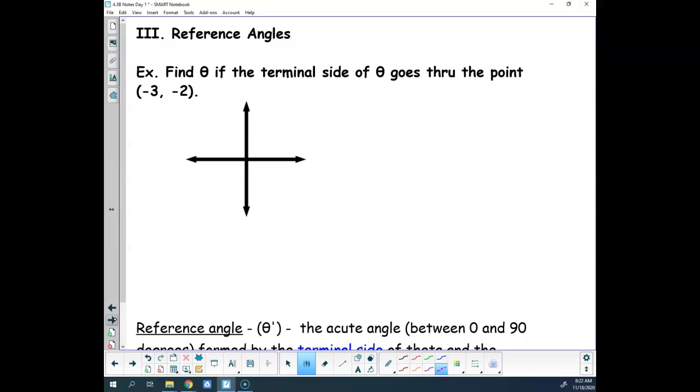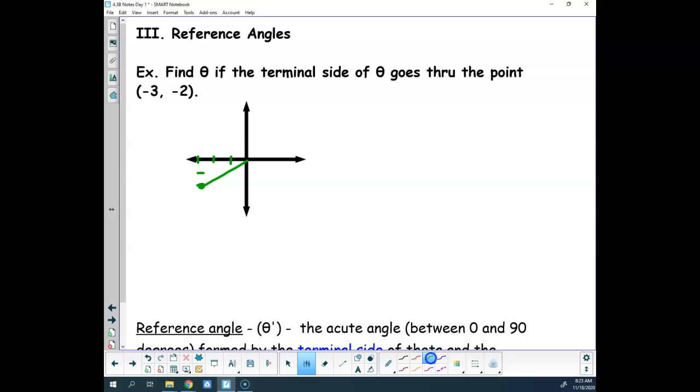All right, let's do some math. Find theta if the terminal side of theta goes through the point (-3, -2). Well, (-3, -2) is down here.